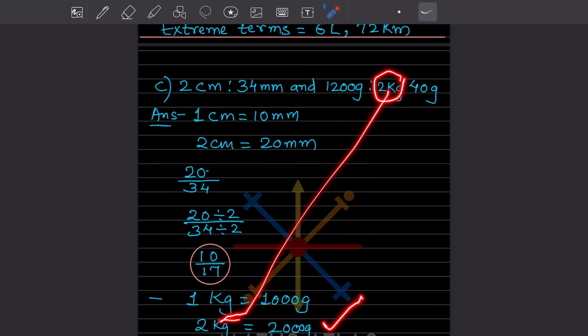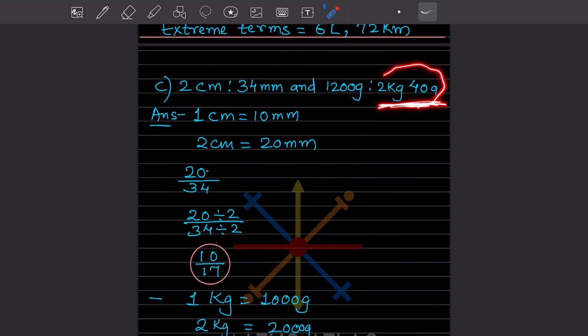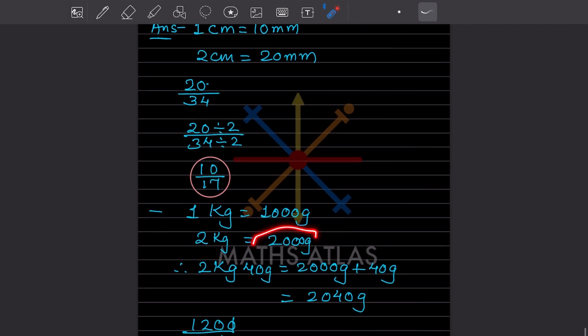But we want 2 kilogram and 40 gram together, which becomes easier because it is a single number. So the 2 kilogram we got as 2000 and you have to add 40 to it. So the total for this one is 2040 gram.